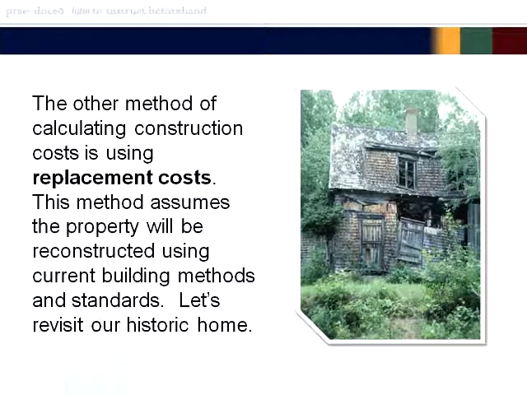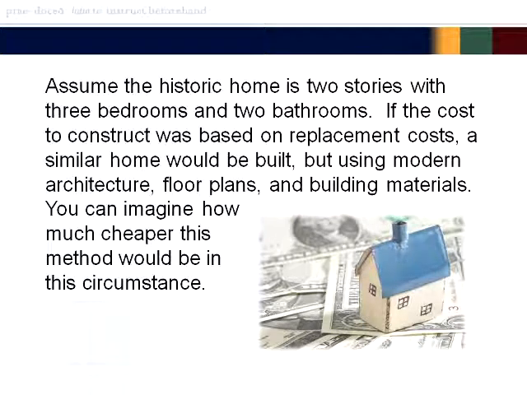The other method of calculating construction costs is using replacement cost. This method assumes that the property will be reconstructed using current building methods and standards. Let's revisit our historic home. Assume the historic home is 2 stories with 3 bedrooms and 2 bathrooms.